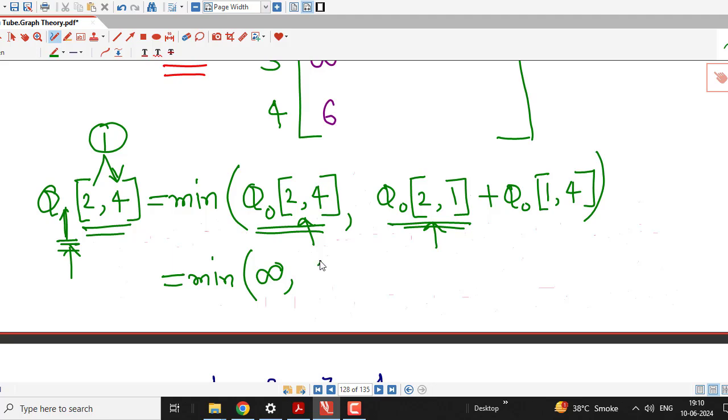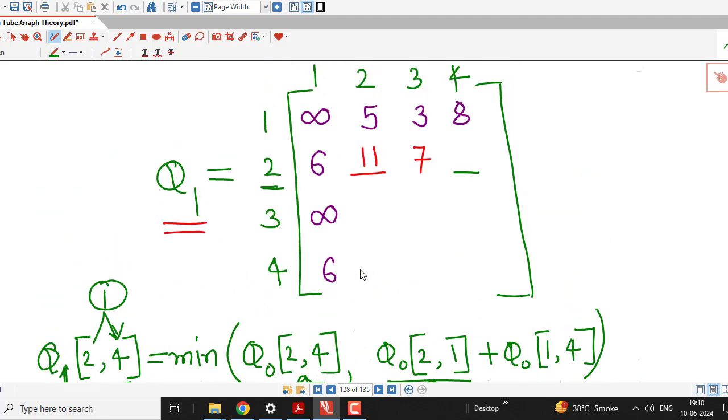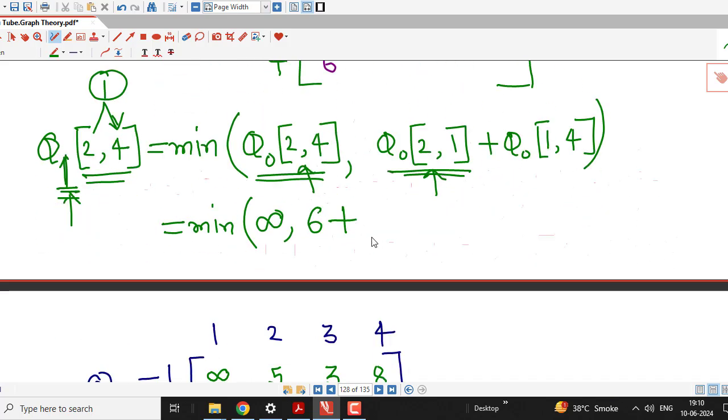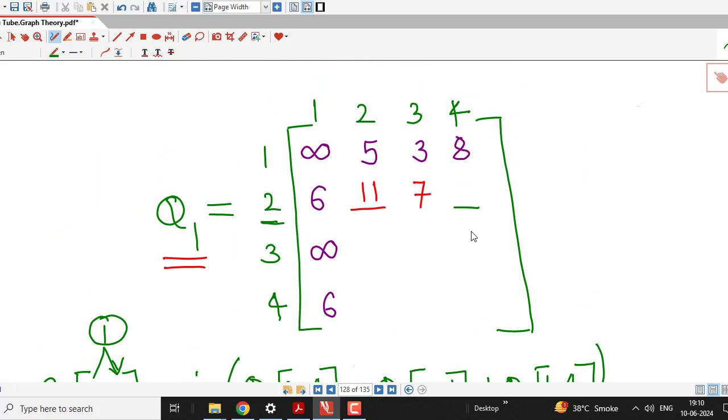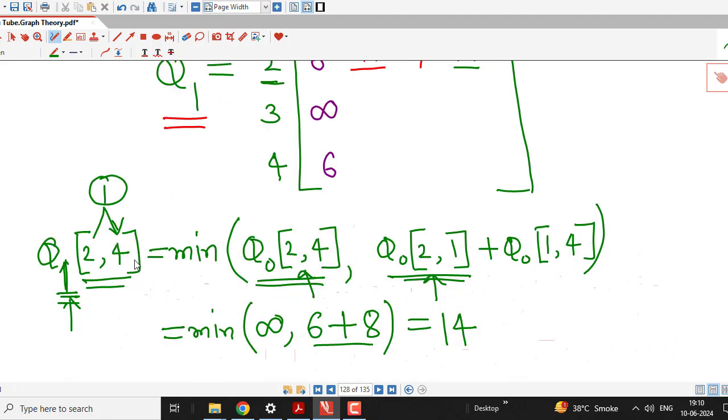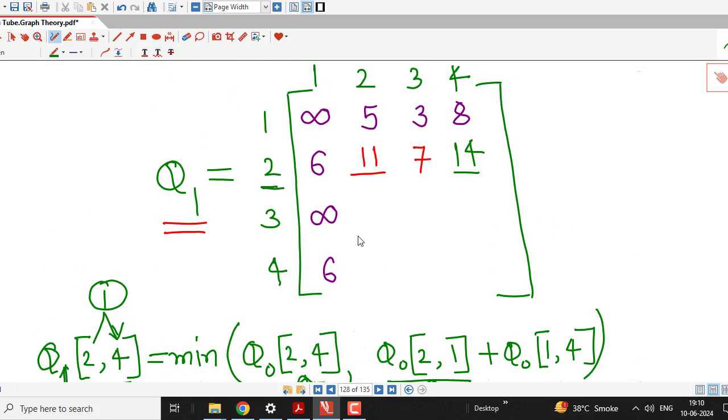So that I will write here, plus Q0 of 1, 4. So first row and fourth column, that entry is 8. So that I am writing here, and this is going to be 14, and the minimum of 14 and infinity is 14. Therefore I have written 14 here. So this process you have to repeat for each and every entry.